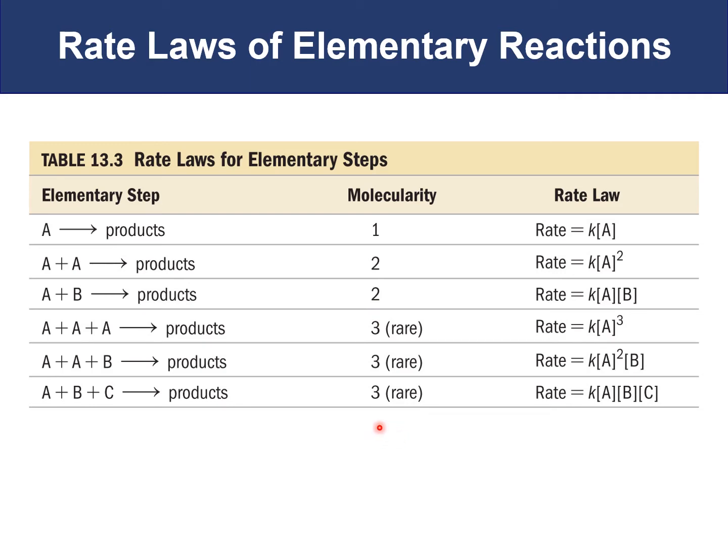The reason is that having 3 components collide at the exact same time in 3-dimensional space is highly unlikely. They tend to have very low rates, and so they are rarely, if ever, observed.